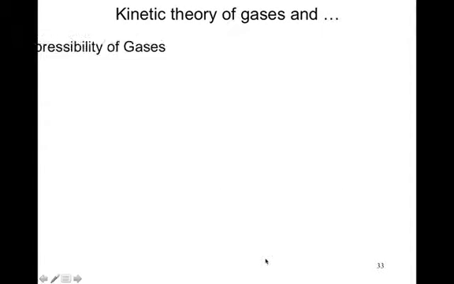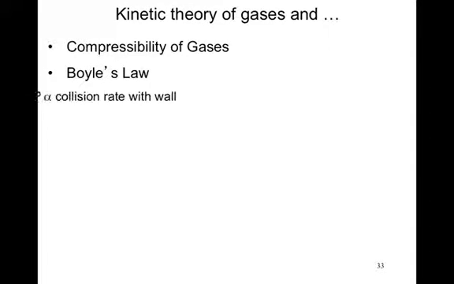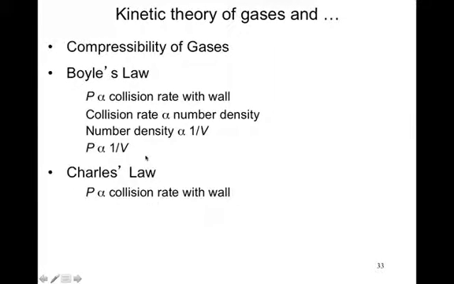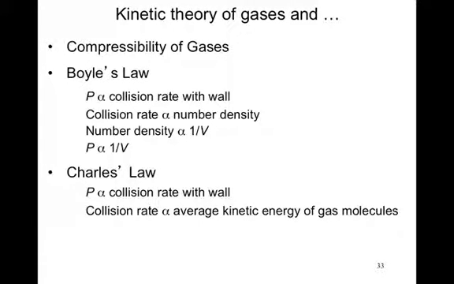So, kinetic theory of gases and the compressibility of gases: Boyle's law. For Boyle's law, pressure is proportional to collision rates, and collision rate is proportional to the density of the number of molecules you have. So that's how we get pressure is proportional to 1 over V. Charles' law is, of course, temperature now, so pressure is proportional to collision rates.